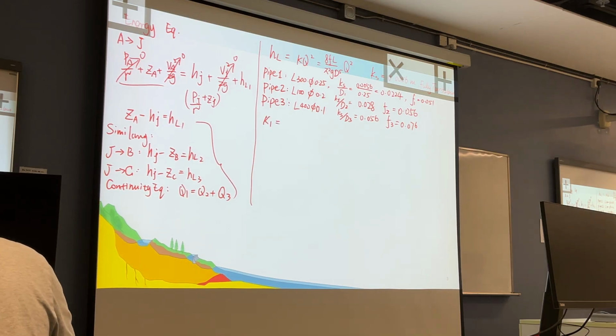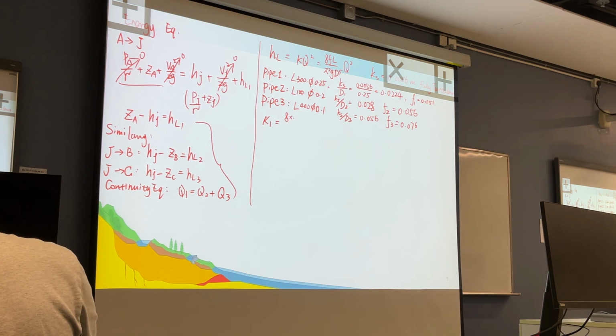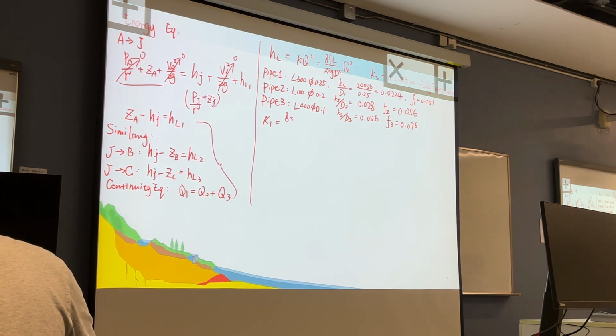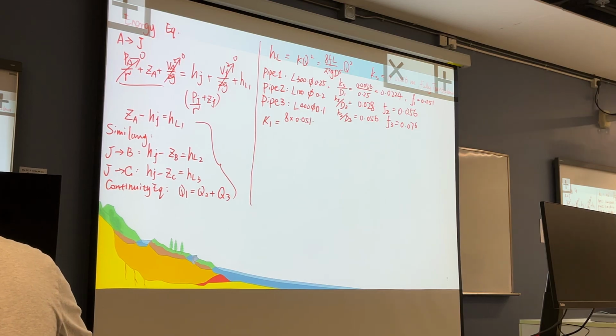K1 is equal to 8FL over pi squared g D to the power 5. 8 times 0.051 times the length, 300 meter, over pi squared times 9.81 times 0.25 to the power 5. The K1 is calculated to be approximately 1295.